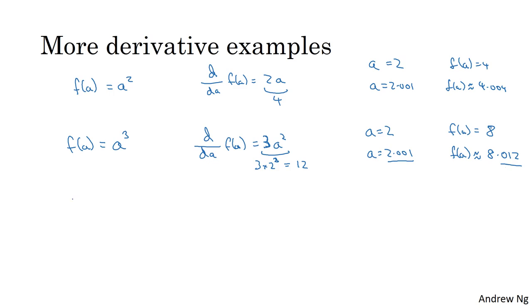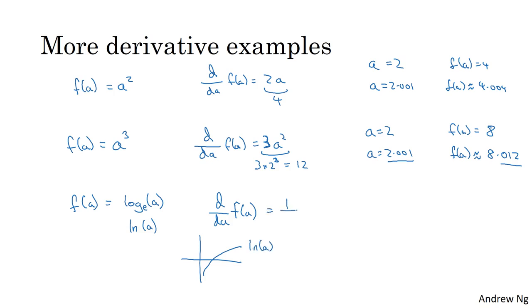Just one last example, and then we'll wrap up. Let's say that f(a) is equal to the log function, right? So I'm going to write log of a, and I'm going to use this as the base e logarithm. Some people write that as ln of a. So if you go to a calculus textbook, you find that when you take the derivative of log of a, right, so this is a function that looks like that, the slope of this function is given by 1 over a.